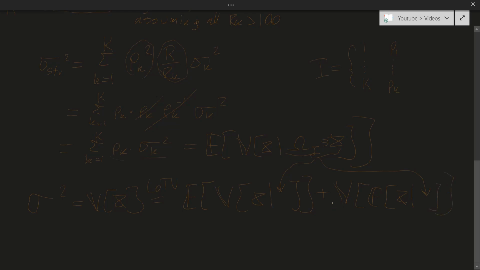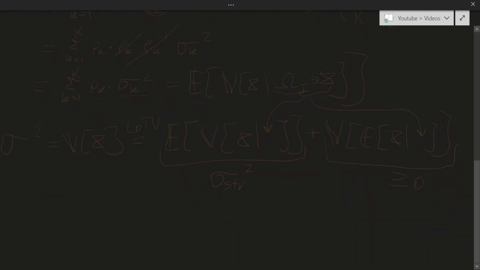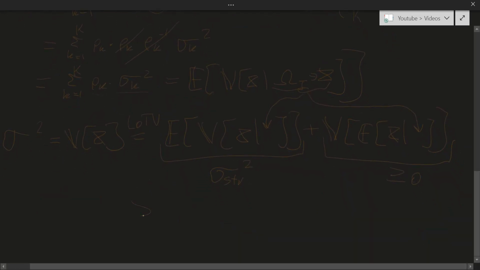And we can see that this is a variance, so this is larger than or equal to 0, and the first term is equal to the stratified variance. So this must be larger than or equal to the stratified variance, and there is only equality if this term is 0. So if this expectation is 0 for all outcomes of the I.